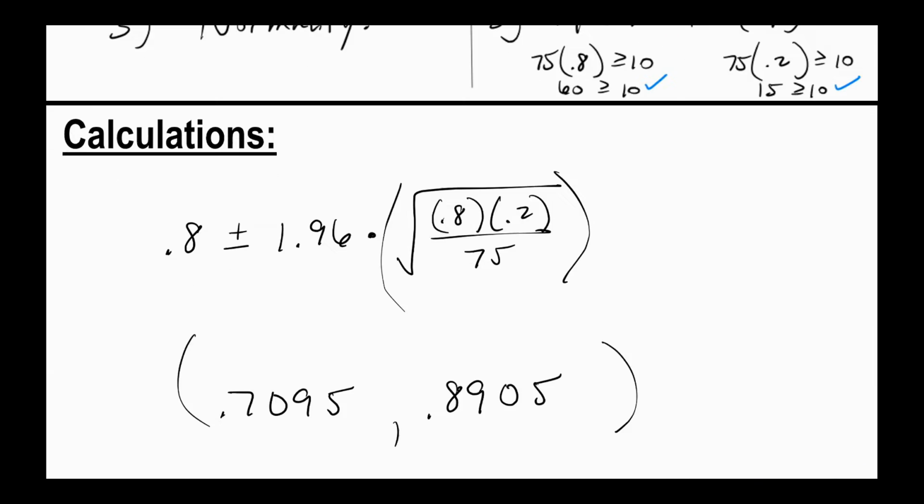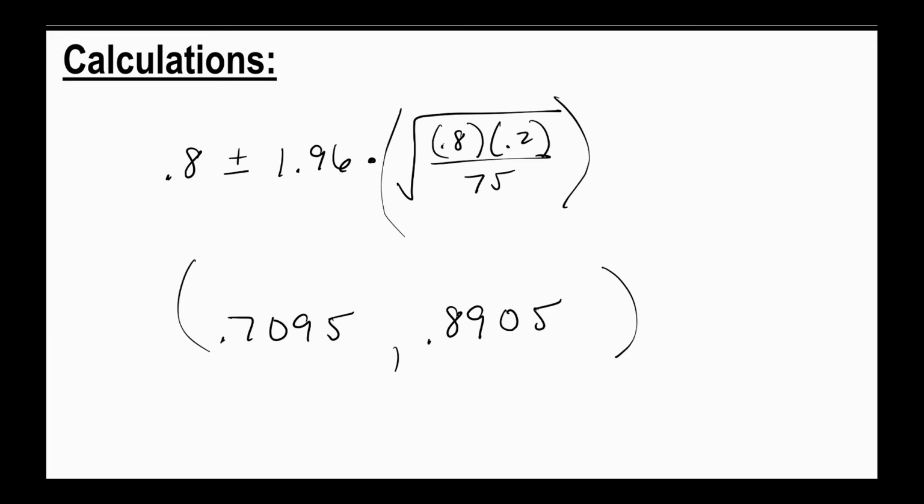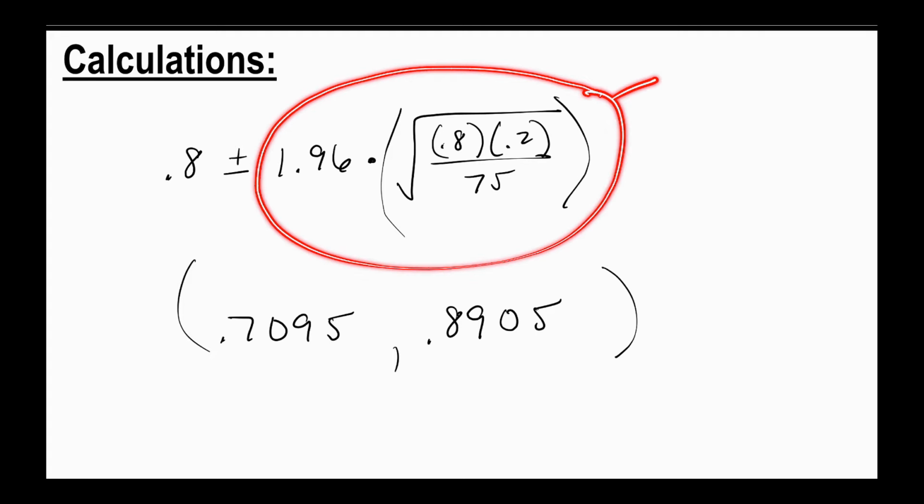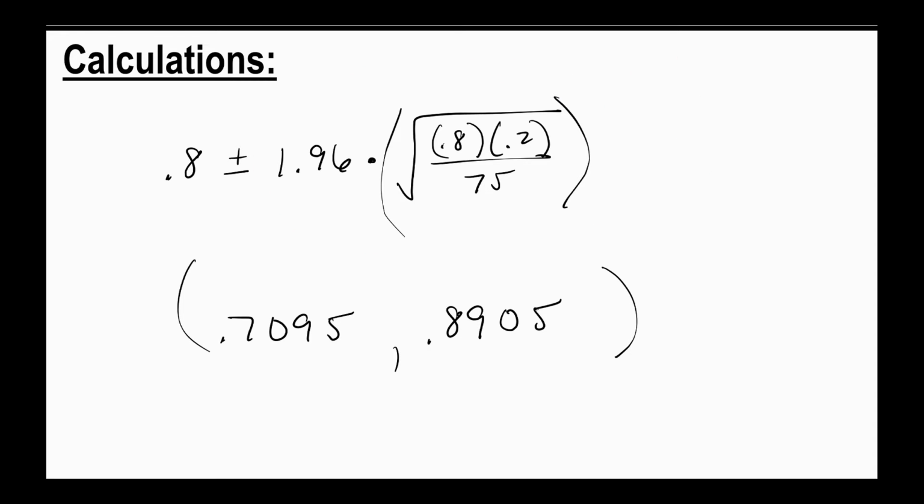We did all of these calculations now. Let's go to calculations. Our point estimate, our p hat, was 0.8, plus or minus. Again, this right here is the margin of error. That's what we're going to add and then subtract.